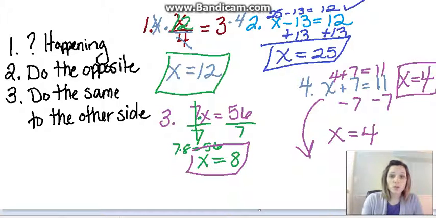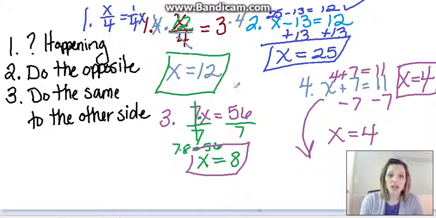Now there are 2 cases that I do want to look at with you. One thing is, with a problem like number 1, so you had x over 4. This is the same thing as 1/4 times x. So just be aware that it doesn't matter if you have the x on the top of the fraction or next to a fraction, it means the same thing.